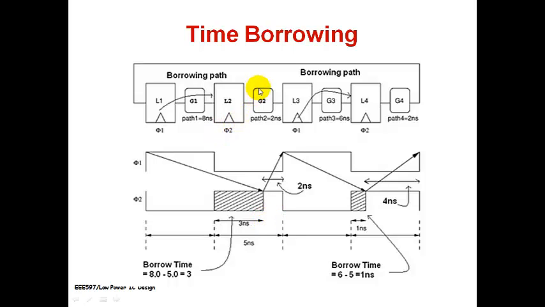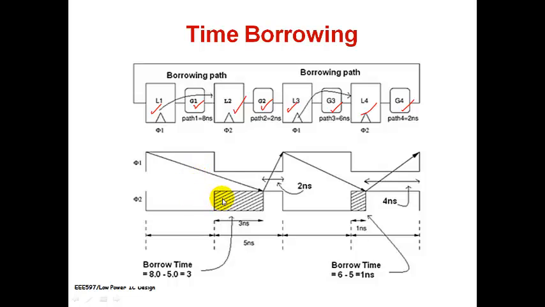A better example what I have with some numbers is, I have one particular logic level and I have got phi 1 the latch, followed by logic 2, another phi 2, logic 3, phi 3, logic 4 and phi 4. And how my time borrowing is going to be effective.